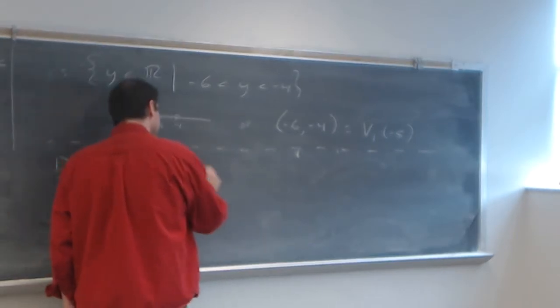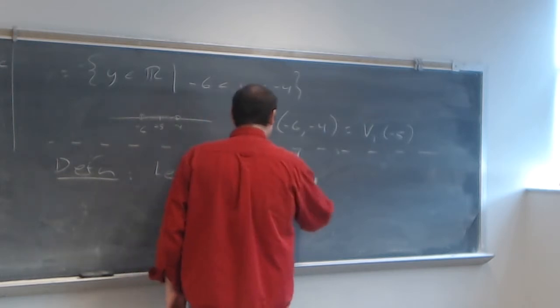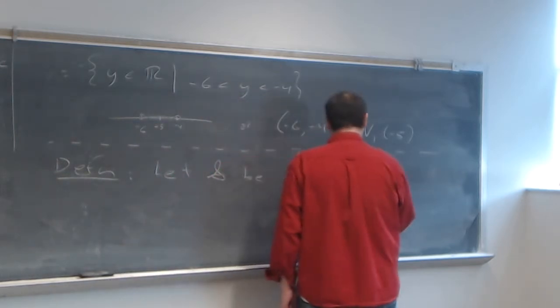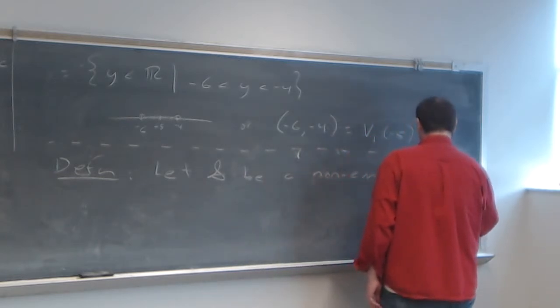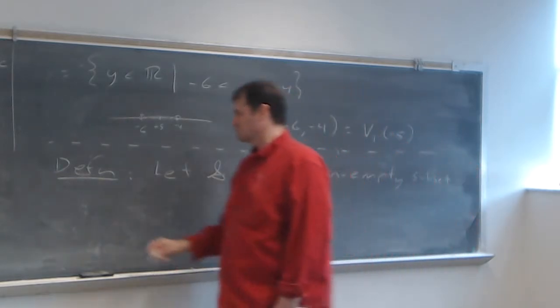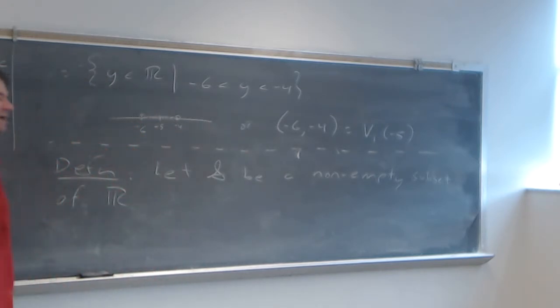I'm going to say let script S be a non-empty subset of R. So this is a collection of real numbers. That's what script S is. A collection of real numbers. Okay?